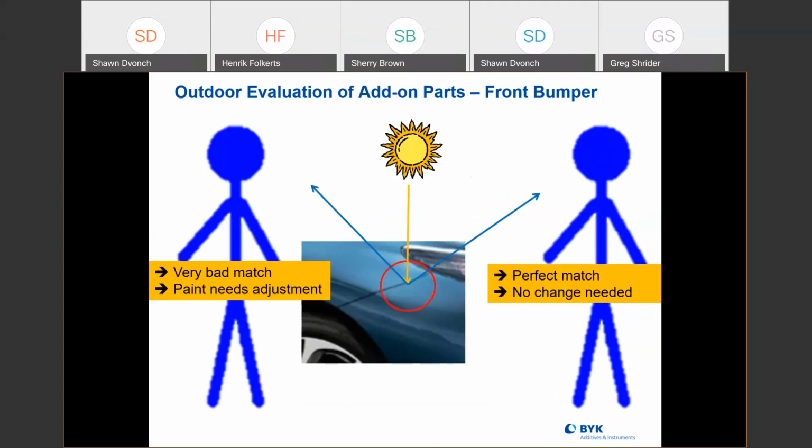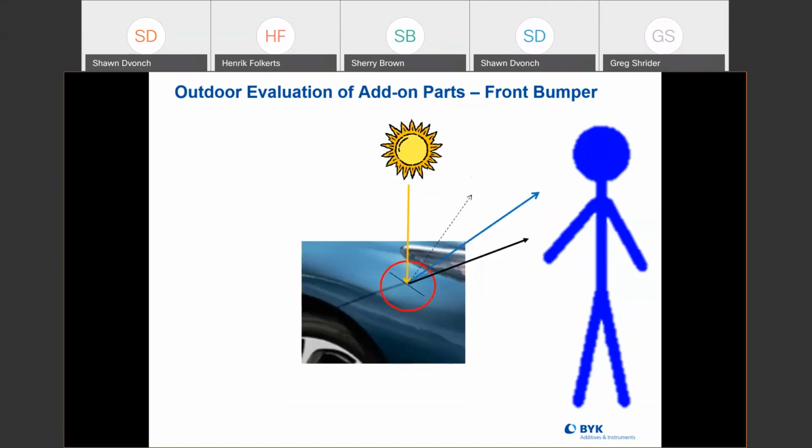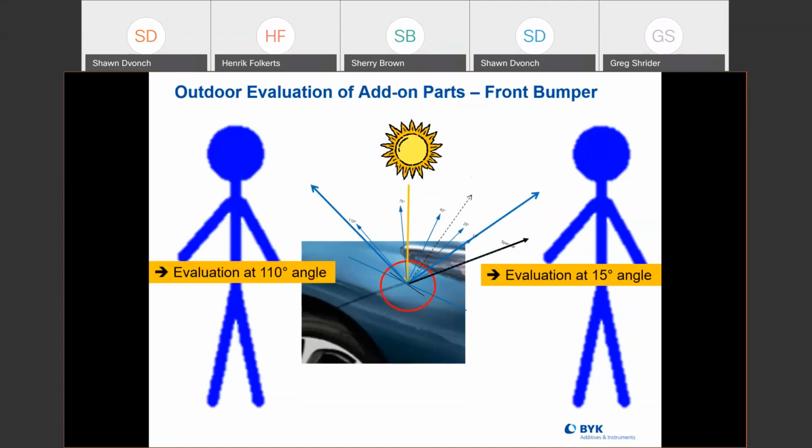And another thing that can happen is that if there's two people looking at a vehicle and the sun's right in the center, I could think it's a perfect match if I'm on the right side, and if I'm on the left side, I could think it's a very bad match. And the reason is that I'm looking at the 15 angle, and they're looking at the 110 angle.